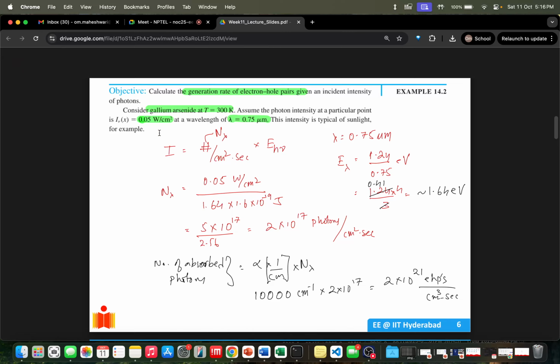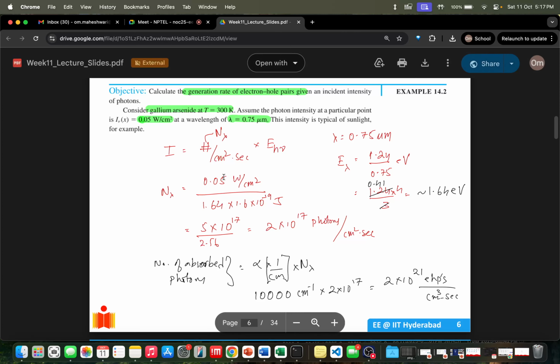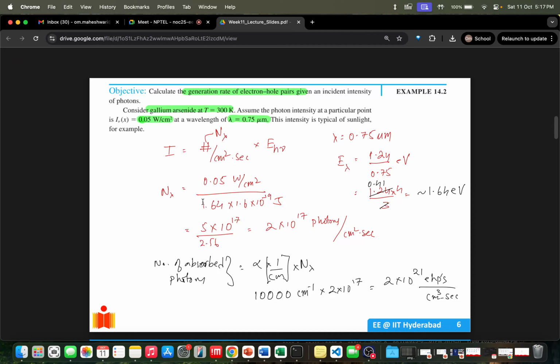So I is the number of photons per centimeter square times E lambda. So N lambda is given by 0.05 watt divided by 1.64 into 1.6 into 10 to the power minus 19.